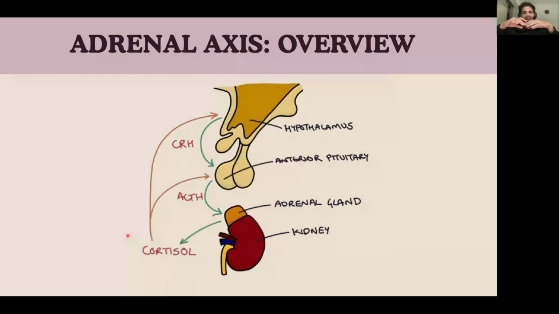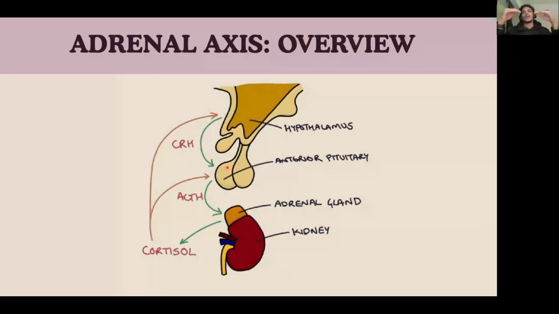So you have positive and negative feedback. Let's start all the way from the top here. That's your hypothalamus, that's your anterior pituitary, and that's your adrenal gland. Whenever you need to produce cortisol, your hypothalamus produces corticotropin releasing hormone, CRH. CRH stimulates the anterior pituitary to produce ACTH.